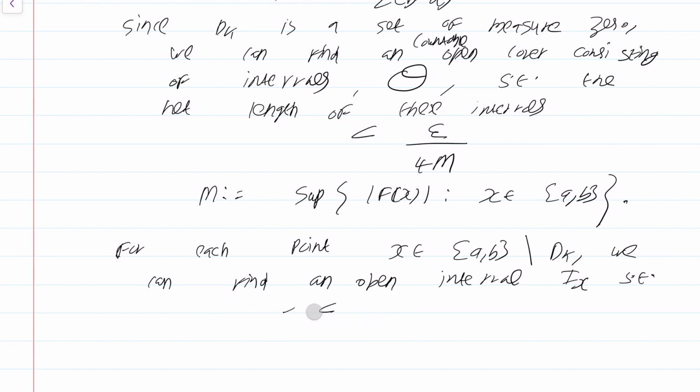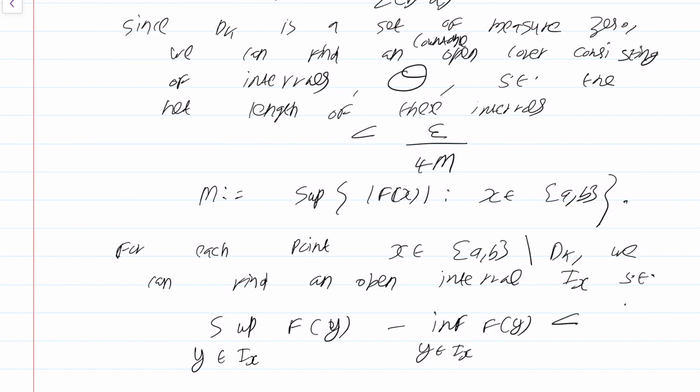We can find an interval I_x such that the supremum as y ranges over I_x of f(y) minus the infimum as y ranges over I_x of f(y) is less than 1 by k.